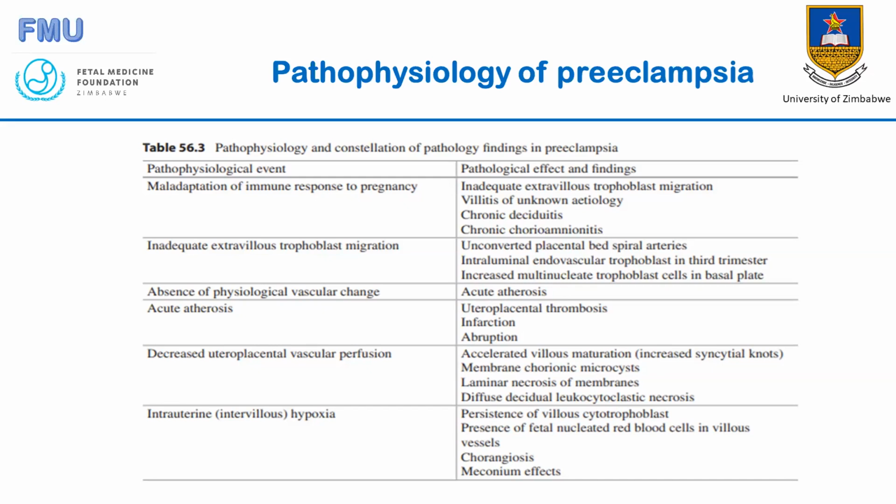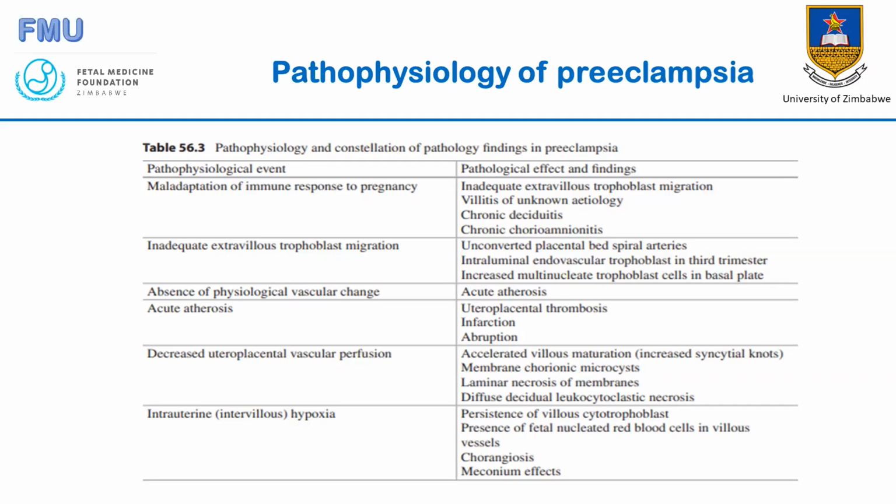Then there can also be inadequate extravillous trophoblast migration, manifesting as unconverted placental bed spiral arteries, and increased multinucleate trophoblast cells in the basal plate.